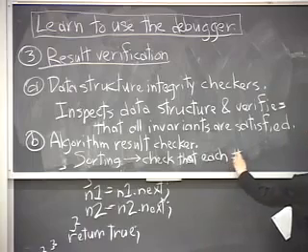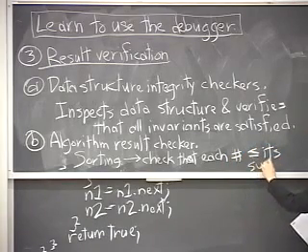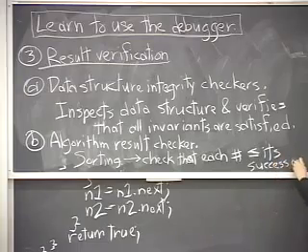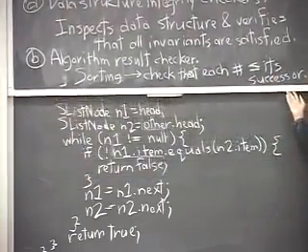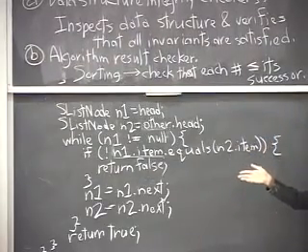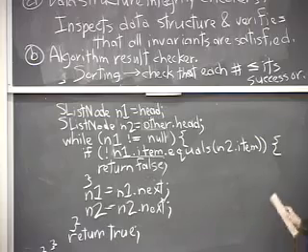So check that each number is less than or equal to its successor in the list. And usually it's much easier to check whether the result of an algorithm is correct than to compute the result in the first place.